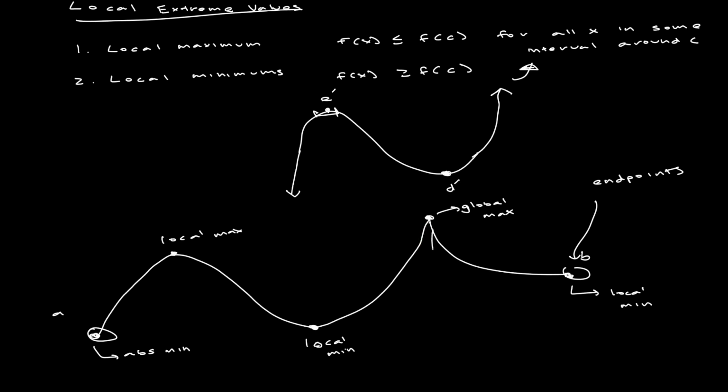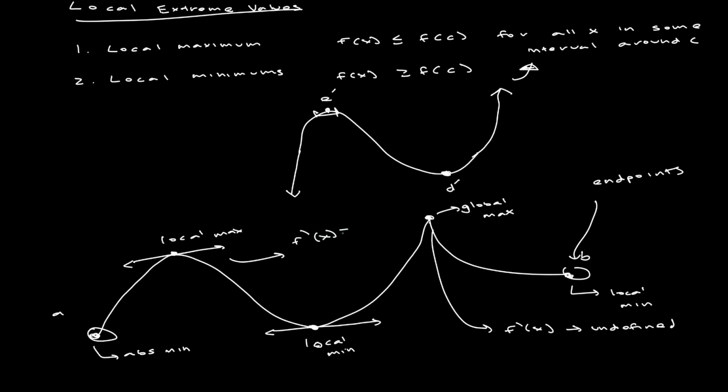So over here, f prime of x is undefined. Or, if we were to draw out the slope over here, we can draw a horizontal line, right? And so f prime of c at that point is 0.